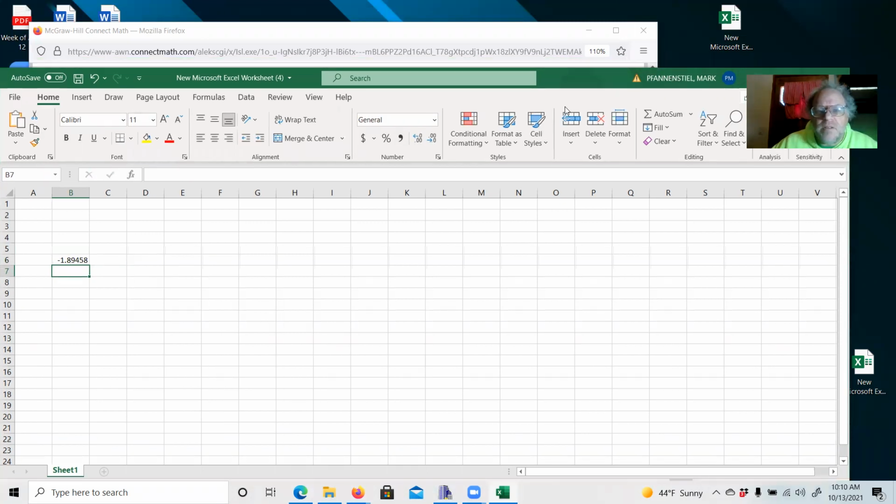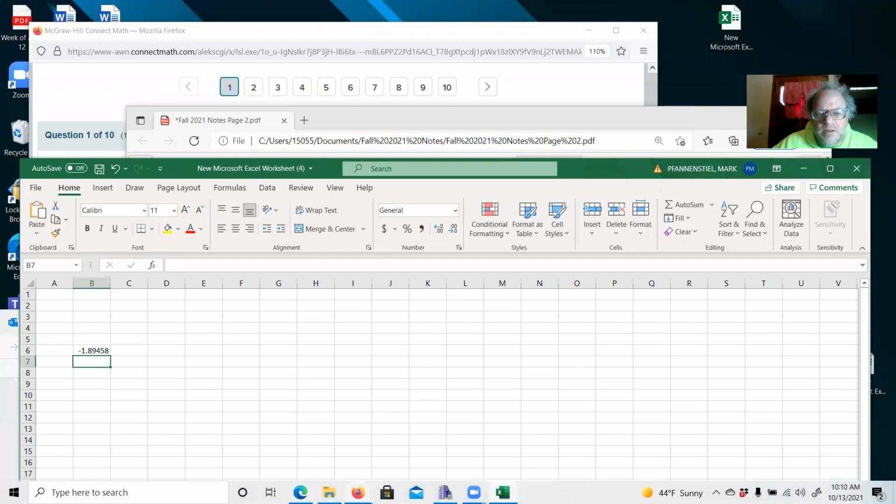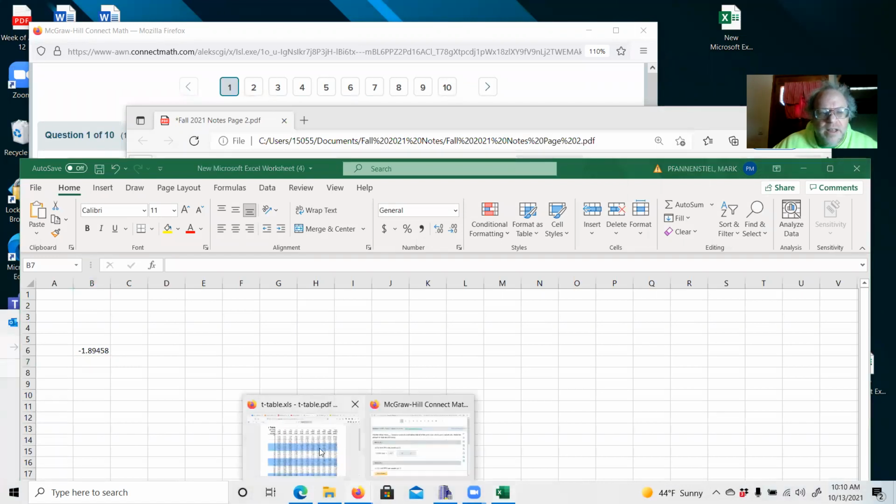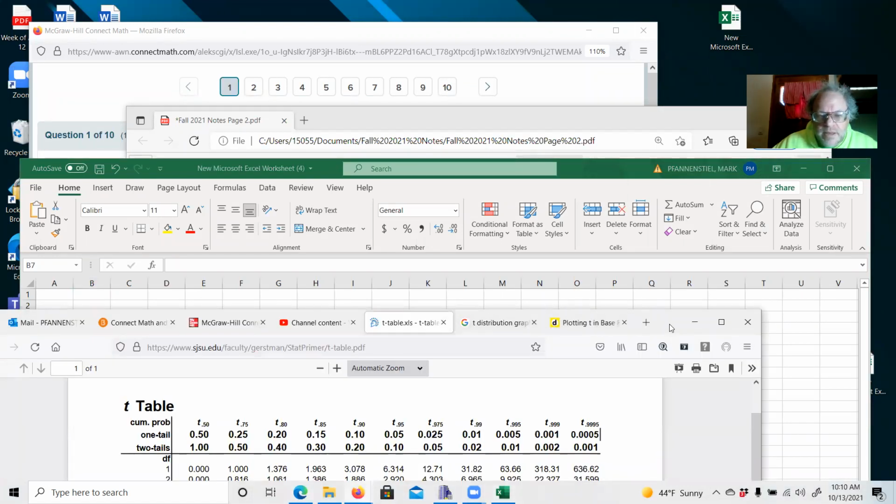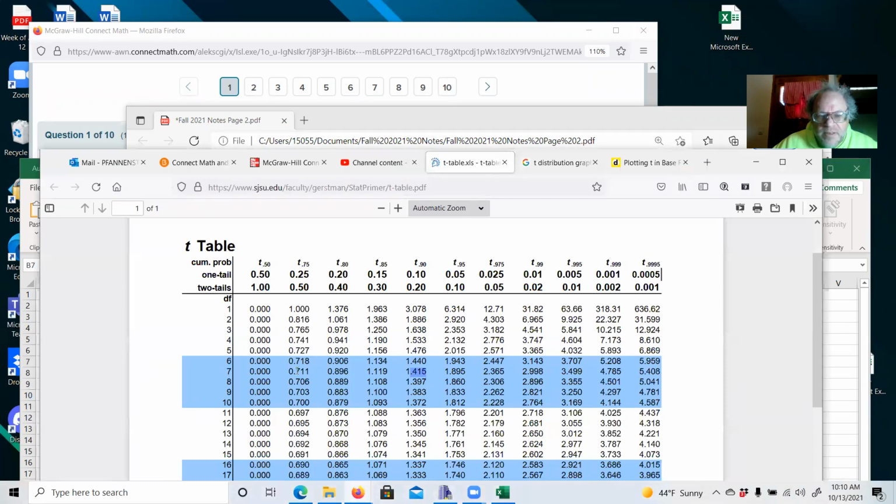All right, so let's go back up here and reconfirm this. We have a sample size of 7, and here we have 1.895. One tail 0.05. That should be my alpha over 2, right? Alpha should be 0.1, so alpha over 2 should be a nickel.